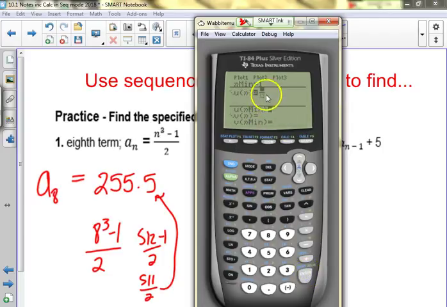Now you get 2 little boxes. Then you could type in the top box n to the third minus 1, and in the bottom box 2. And you wouldn't need extra parentheses. That's all. Does anybody use that regularly?